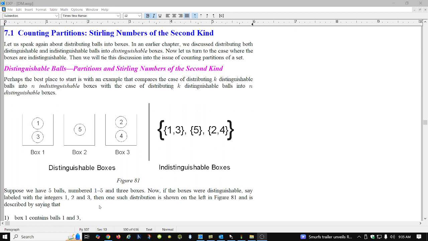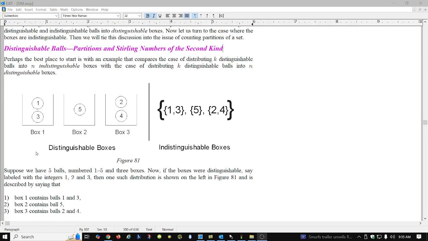If the boxes were distinguishable, and they would be labeled, say, box 1, box 2, and box 3, then one distribution of the 5 balls would look like this here on the left side of this vertical bar. And you would read this to someone else simply by saying box 1 contains balls 1 and 3, box 2 contains ball 5, and box 3 contains balls 2 and 4. It's very simple.